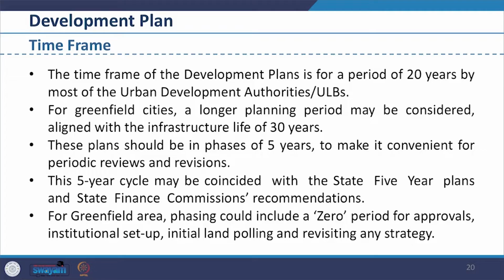The time frame of the development plan is for the period of 20 years by most of the urban development authorities or ULBs. For greenfield cities, a longer planning period may be considered aligned with the infrastructure life of 30 years. These plans should be in phases of 5 years to make it convenient for periodic reviews and revisions.